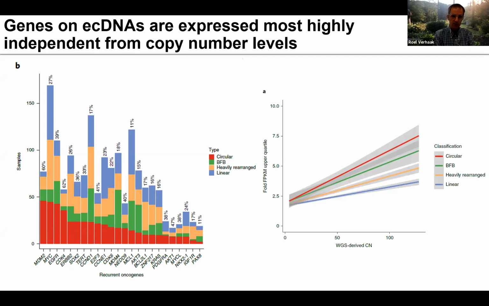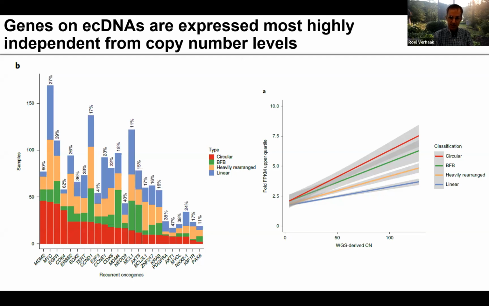Importantly, we also found that genes on extrachromosomal DNAs are expressed more highly than you could predict from their copy number level alone. So this analysis is showing copy number level compared to gene expression. Copy number is very well known to more or less linearly drive gene expression. In other words, two times as many gene copies means 2 times as much expression.